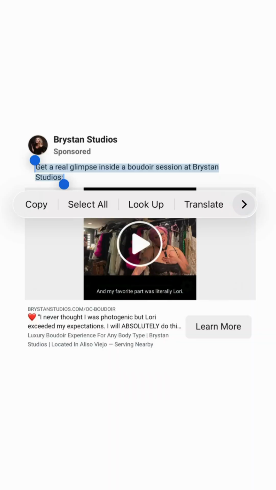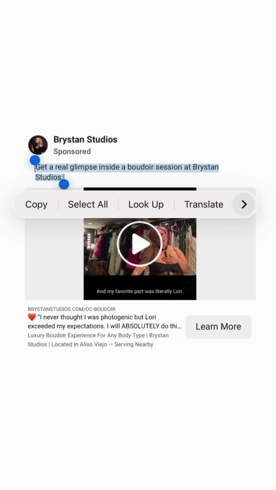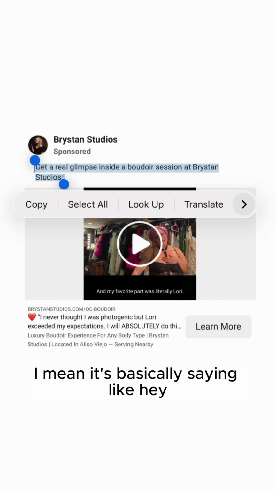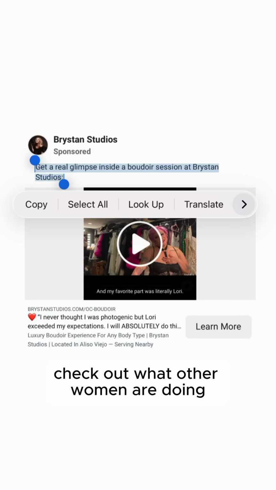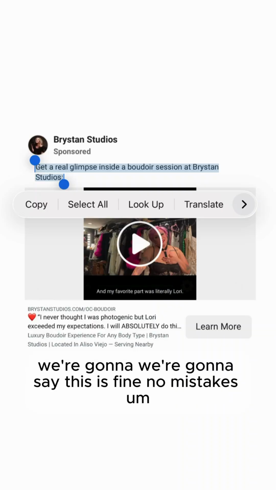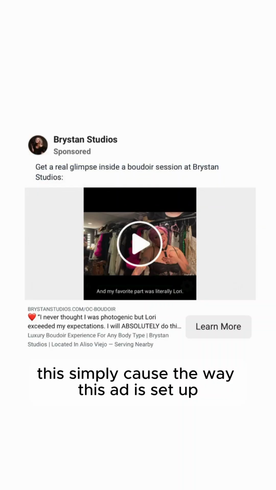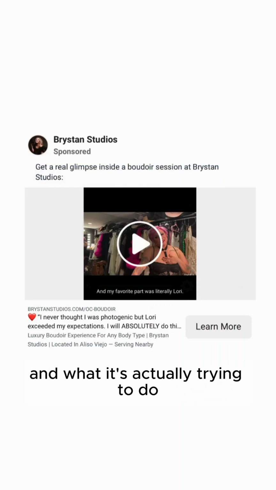I mean, we're definitely lacking context, but it's basically saying like, hey, check out what other women are doing. So, all right, we're going to say this is fine, no mistakes, simply because of the way this ad is set up and what it's actually trying to do.